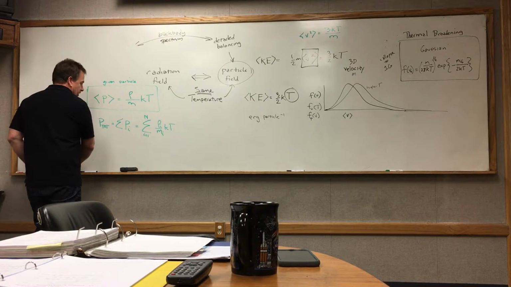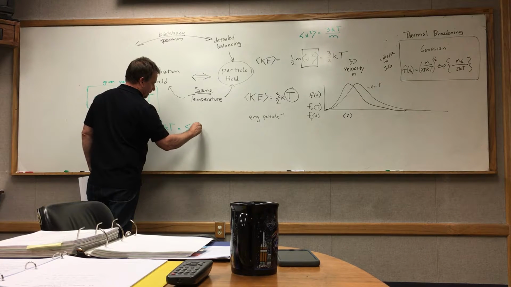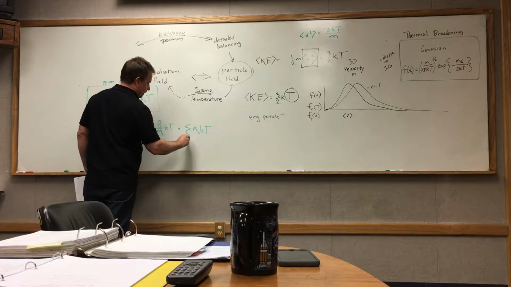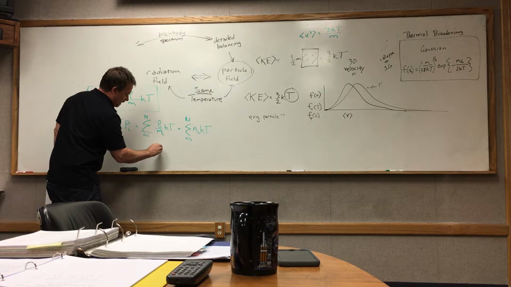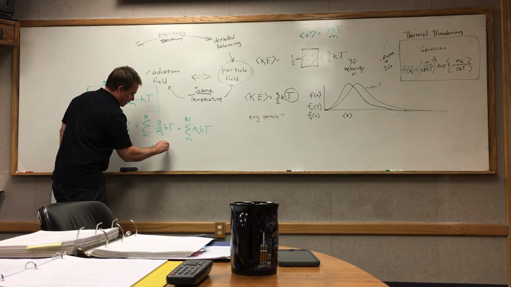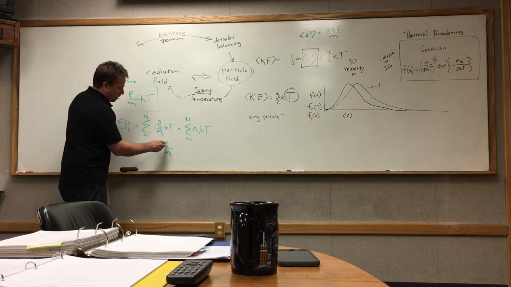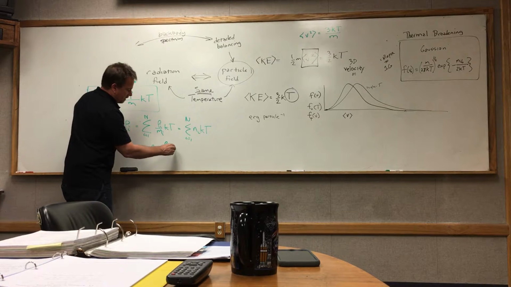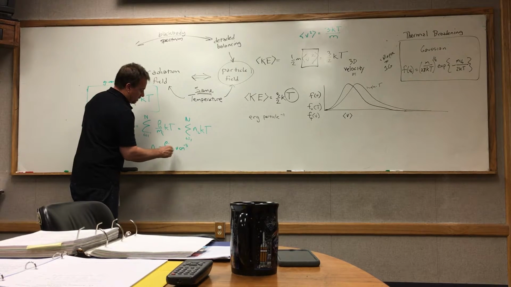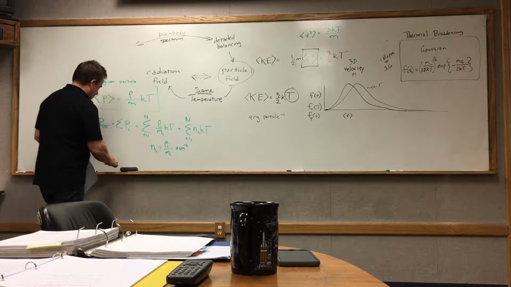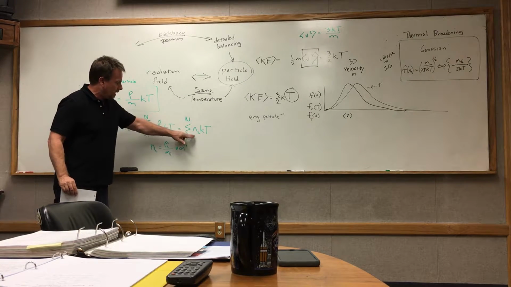Well, it turns out, folks, that the number density of some particle is the mass density divided by the mass. This is in grams per centimeter cubed. This is grams. So this is in particles per centimeter cubed. This is n. So what I'm saying is that there's a relationship between the number density and the rho.